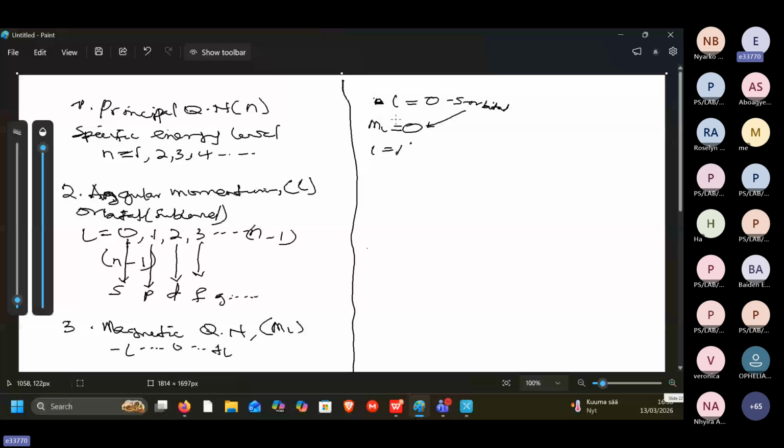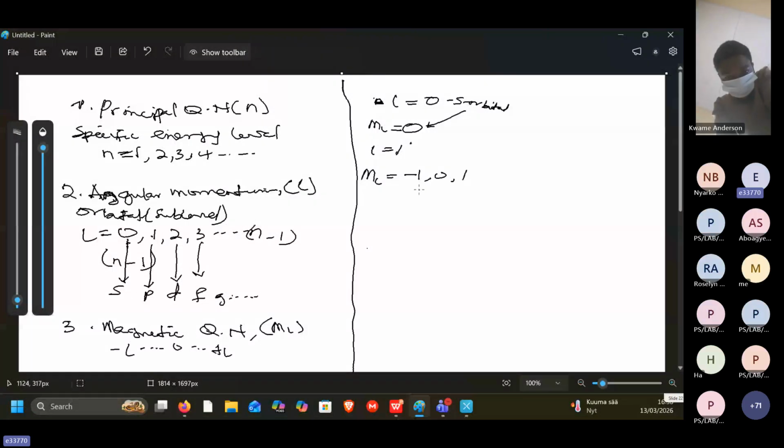Now, when we take L equal to 1, the ML orientation will start from -1, 0, and then +1, meaning we can have 3 different orientations. And 1 is said to be the p orbital. So what it means is that the p orbital can have 3 different orientations. In terms of direction, we will say that the p orbital orients itself in the XYZ direction as px, py, and then pz.